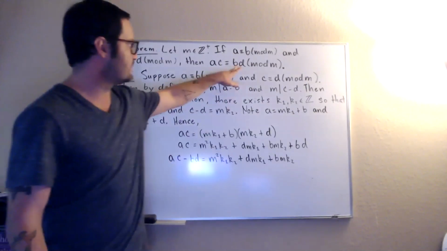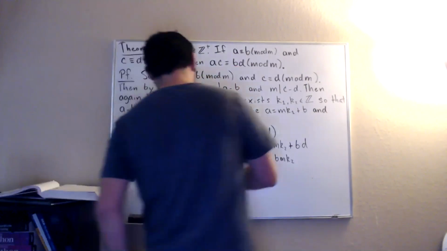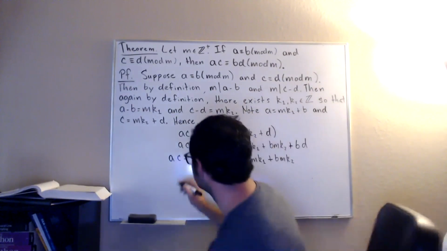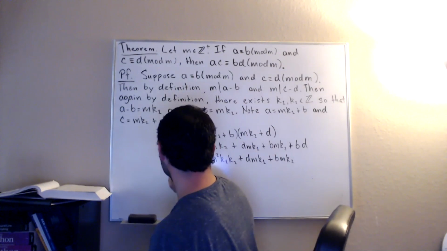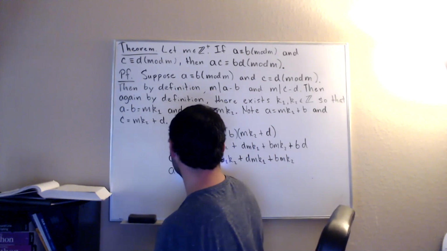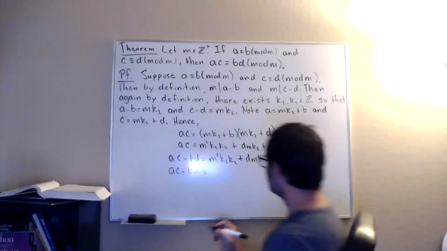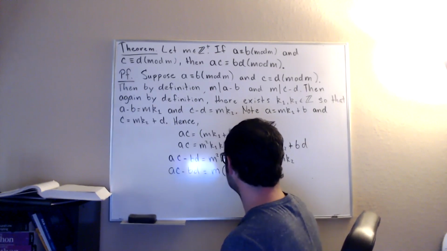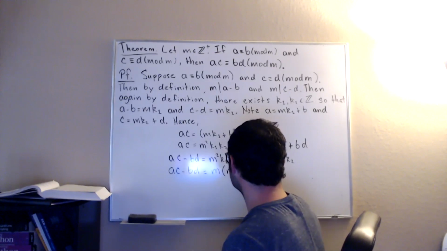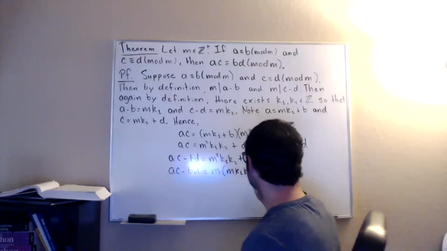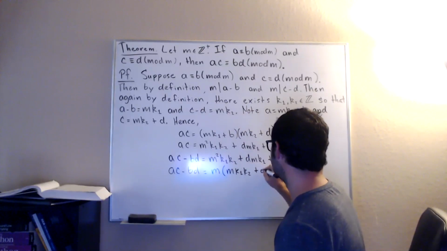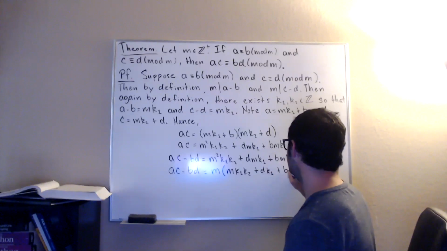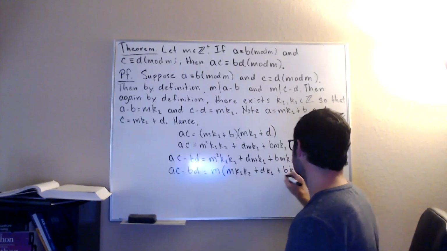So I want to prove the conclusion here. And I see that there is indeed a factor of m all the way through. So what I'm going to notice is that A times C minus B times D is equal to m times (k1 times k2 plus D times k1 plus B times k2).